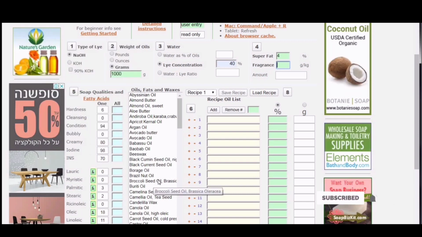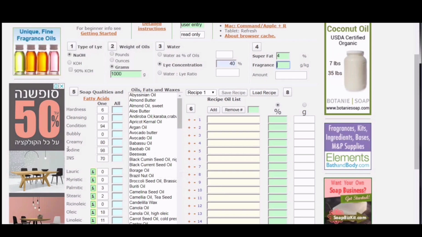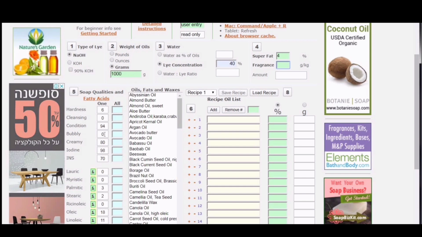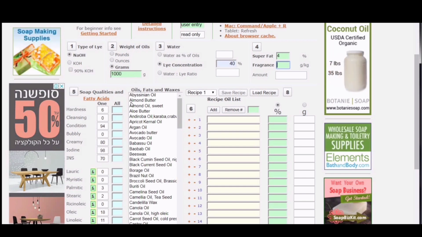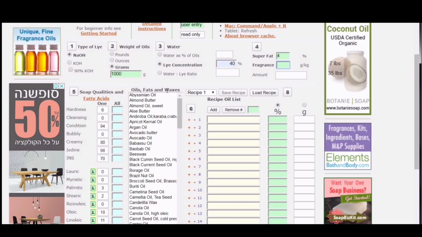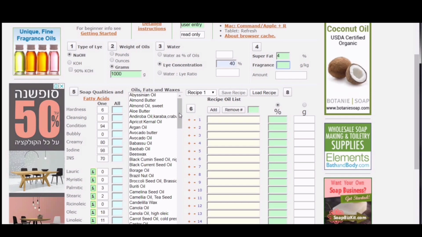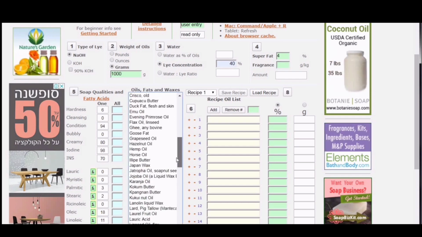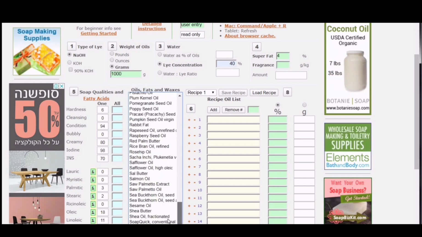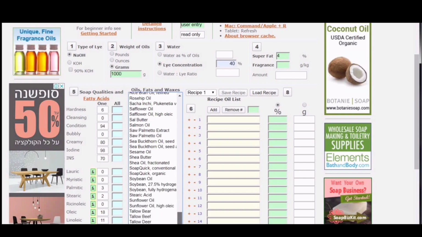But for this simple or basic recipe, you don't have to bother yourself about all this section. So you just want to ignore it and go to your oils and select the oils that we'll be using for this recipe, which is olive oil, coconut oil, castor oil, and the rest.